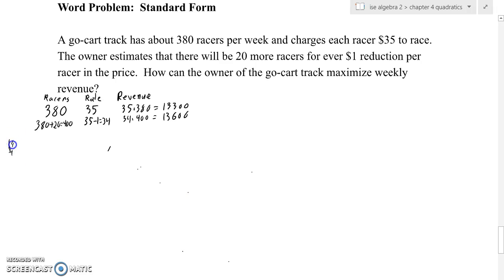What if we reduce it by $1 twice? That would give us $33 in price, but we would increase the number of people by 20 also twice. So there'd be 420 people. $13,860.